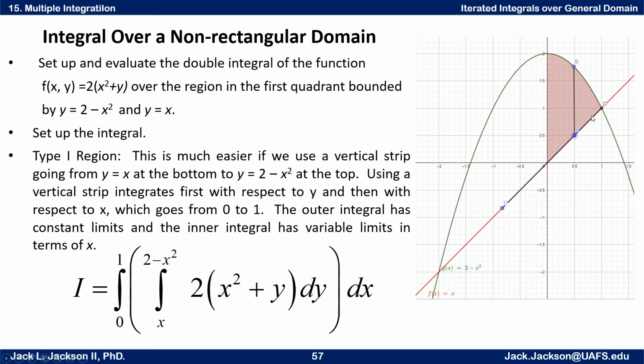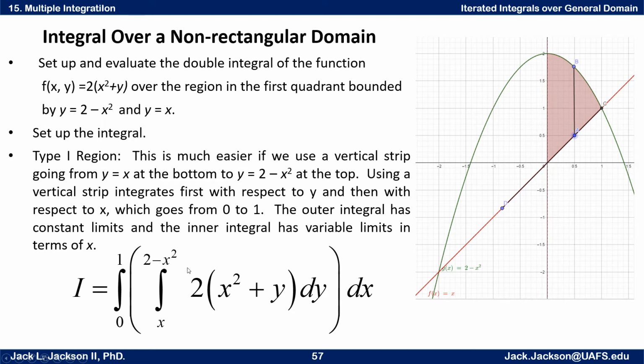But of course, those values depend on what x is. So we have variable lower and upper limits. Of course, the function we're integrating is f of x, y equals 2x squared plus y, and we're integrating with respect to y. Now notice when you're finished with this, you will end up with a function of x alone. Now we integrate with respect to x, and x runs from 0 to 1.